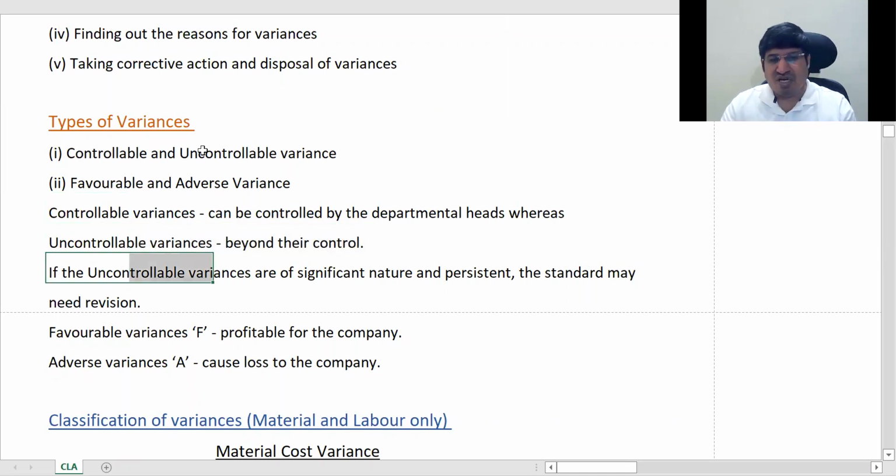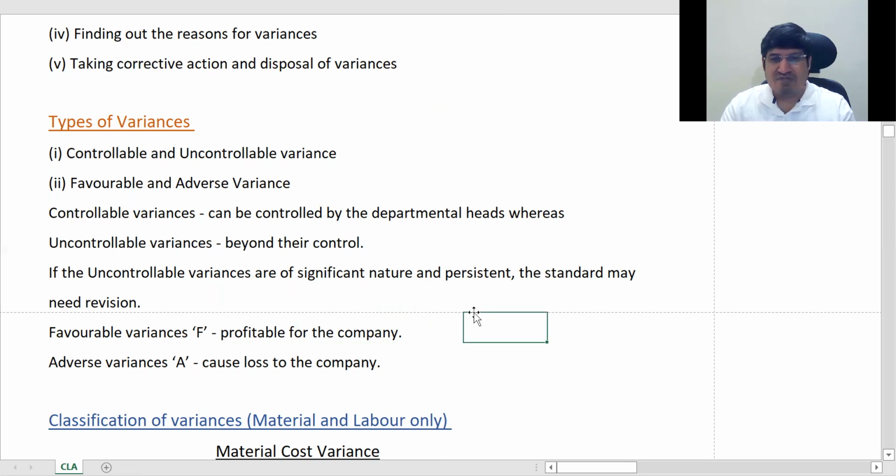So if you have got uncontrollable variance which is significant, and every time it is creeping up, then you'll have to revise the standard based on that. You don't want to see too much uncontrollable variance in standard, because you cannot do anything about it. Here the idea of getting variance is to control it. Favorable variance F is profitable to the company, adverse variance A is loss to the company.